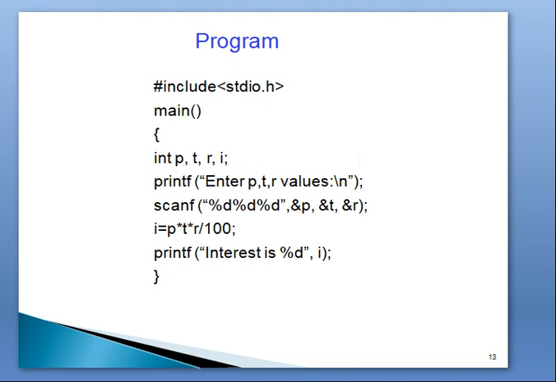Whenever the user enters principal, time and rate of interest, the same values are stored in the p variable, t variable and r variable, because in the control string of the scanf function three conversion characters are written and the respective arguments are written.